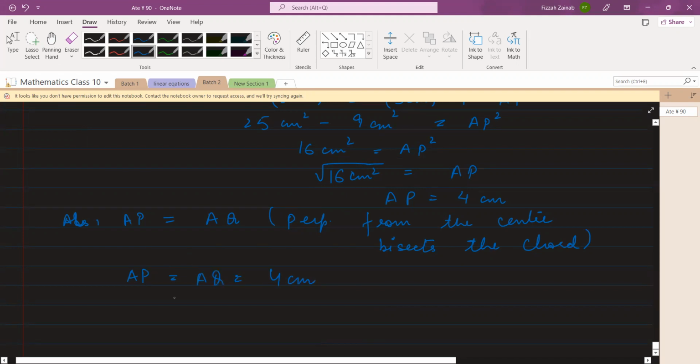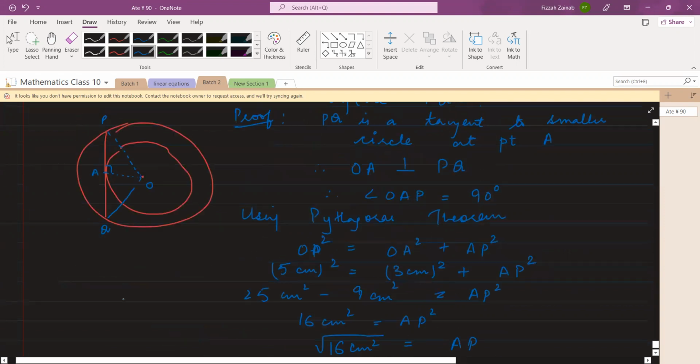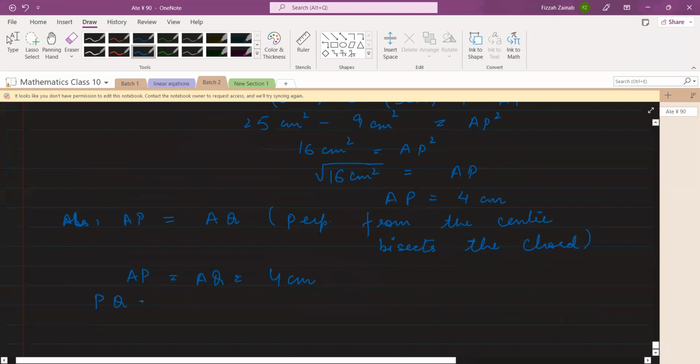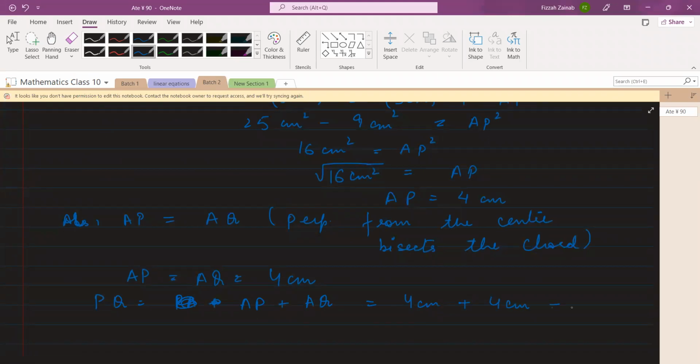All right. Now you have to find the length of what? PQ, right? Yes, PQ. So PQ is nothing but AP plus AQ, and that means 4 centimeter plus 4 centimeter, which is equal to 8 centimeter.